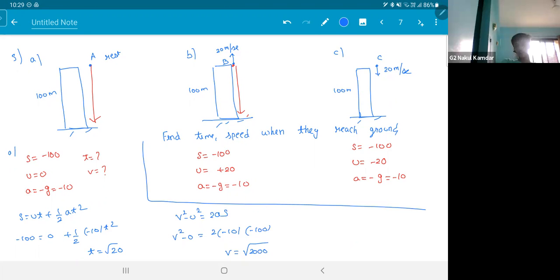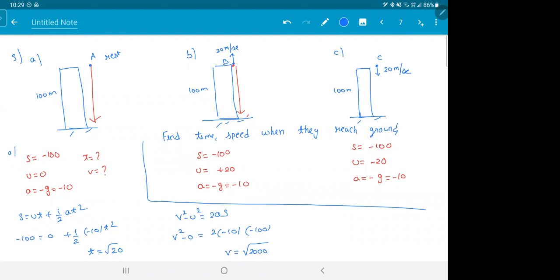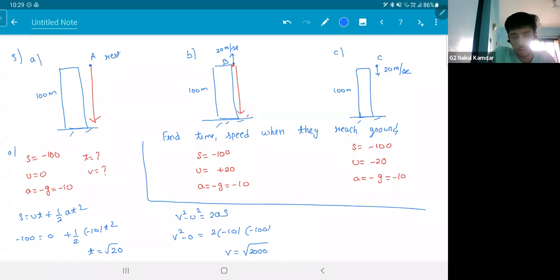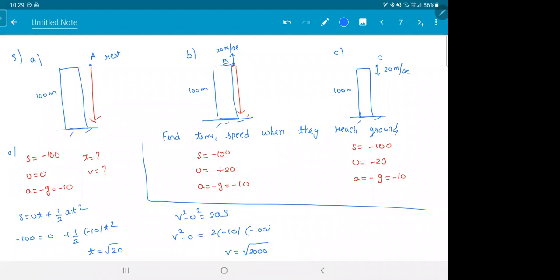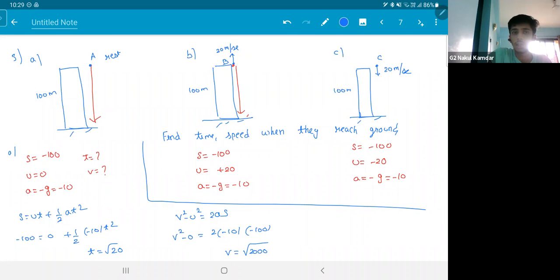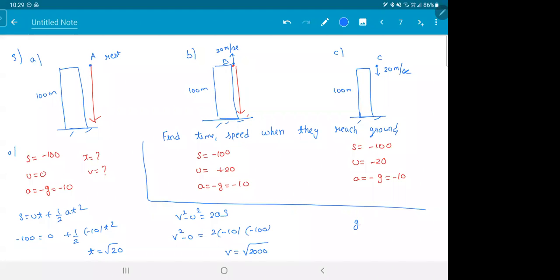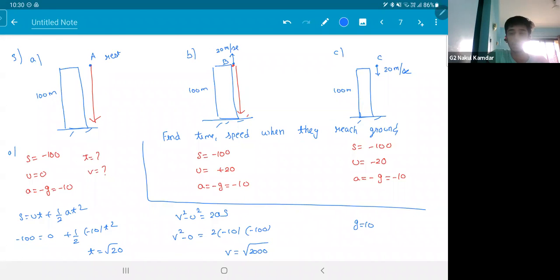So why is acceleration minus g? See, g is 10, right? g is just a magnitude. It is down, right? So it is minus g. That is the direction of g. Instead of writing 10, why are we calling it minus?